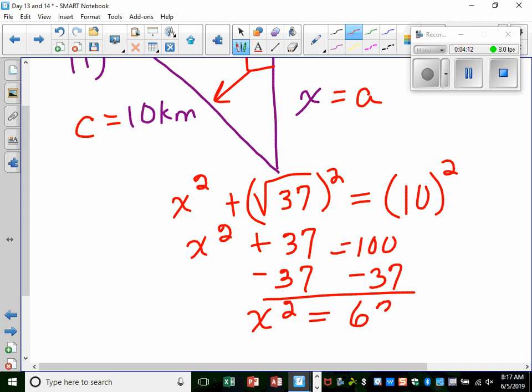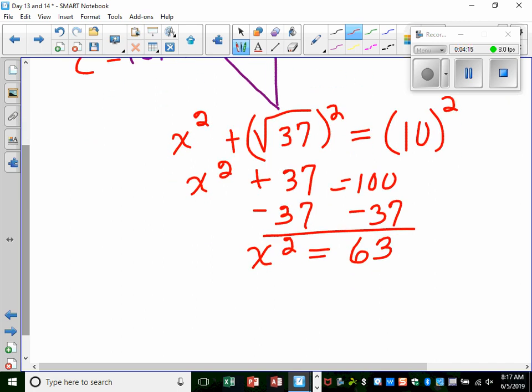63. Now that's not a perfect square. According to the directions, it says leave the answer as a simplified radical. When we do a simplified radical, you can do that on your calculator. But what is the perfect square in 63? What's the factor that's a perfect square?